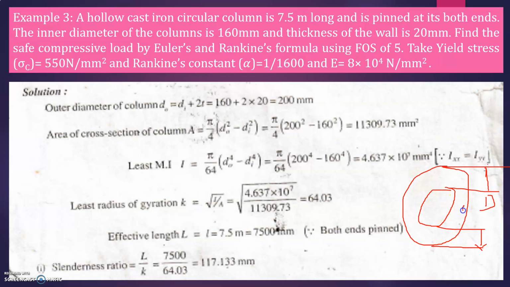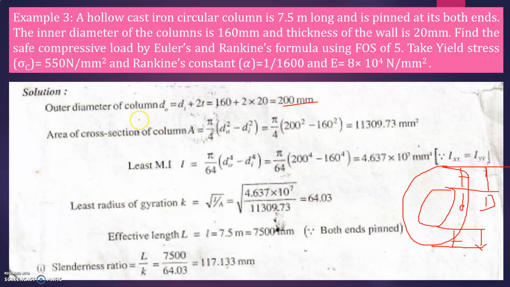This is small d, and this is the thickness. On both sides there is a thickness, so it is small d plus 2 times t. So you get 160 plus 2 into thickness 20, which is 200 mm.